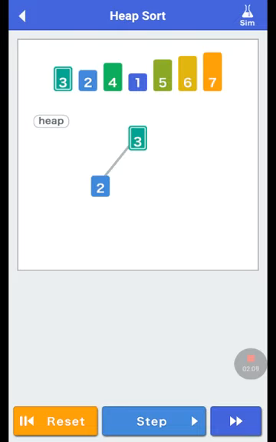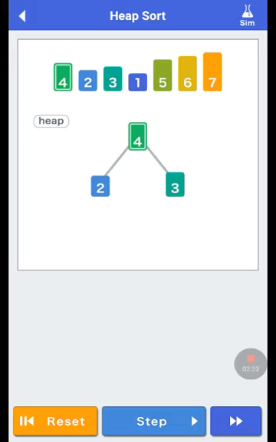But because 4 is bigger than its parent, then the child and the parent needs to swap. There. Now we have a small tree which is having the parent of 4 and two children, 2 to its left and 3 to its right.